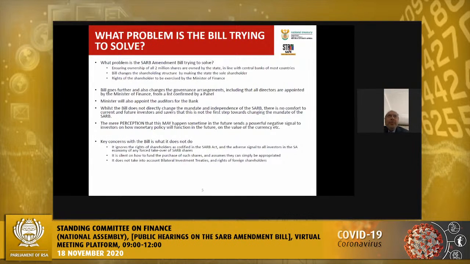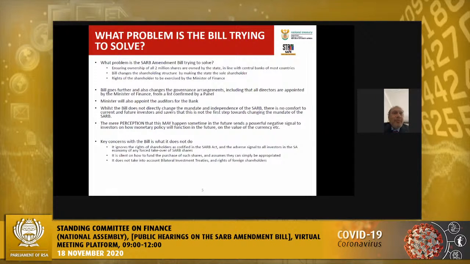So, Chair, from that perspective, Treasury feels that some of the key concerns are what the bill does not do, because it ignores the rights of shareholders as codified in the SARB Act, and in effect sends an adverse signal to investors and savers that if there is a forced takeover of SARB shares, it generates fears: will it stop at the SARB?